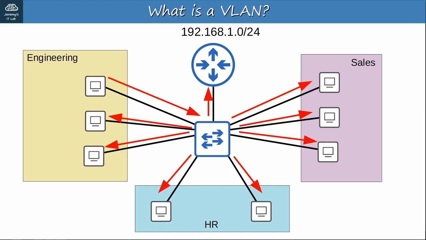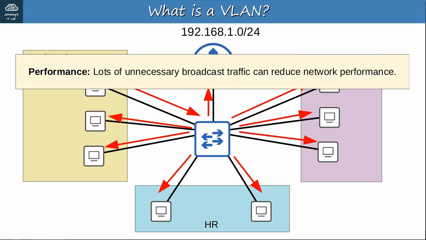This is a problem for both security and network performance purposes. When it comes to performance, lots of unnecessary broadcast traffic can reduce network performance. Whether it's a broadcast from one end host, or a switch that doesn't know how to reach the destination MAC address so it floods the frame, we should minimize unnecessary traffic in our network.